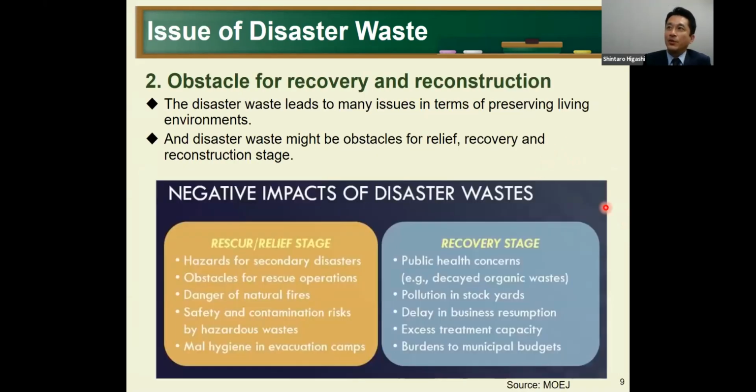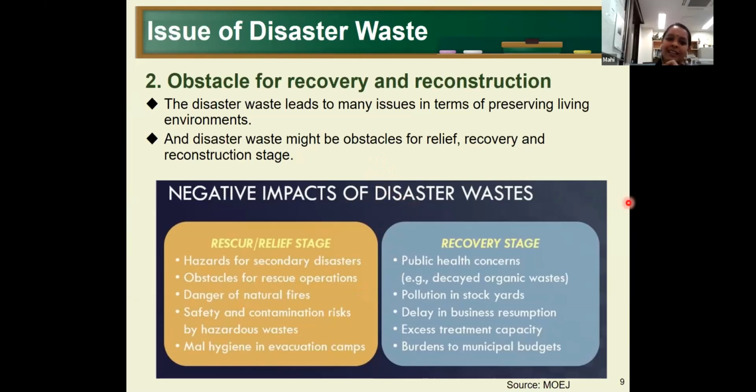This slide tries to show the issue of obstacles. The disaster waste leads to many issues in terms of preserving the living environment, and disaster waste might be an obstacle for the relief, recovery, and reconstruction stages. And actually, we have these kinds of specific negative impacts of disaster waste.